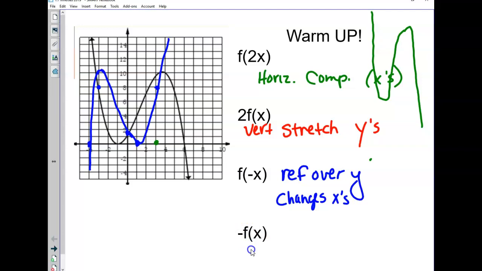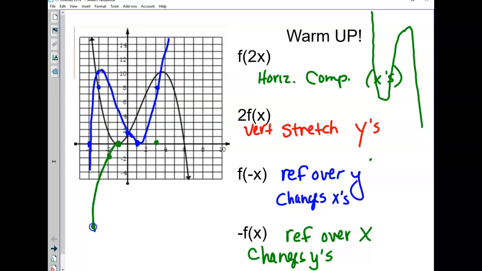And the last one? Yes, this is reflect over x, which changes the y coordinates. So the x-intercept would still be the same, but where this one was at -2, +1.5, it's going to be down here. Where this was at -3.8, it's going to be down here.